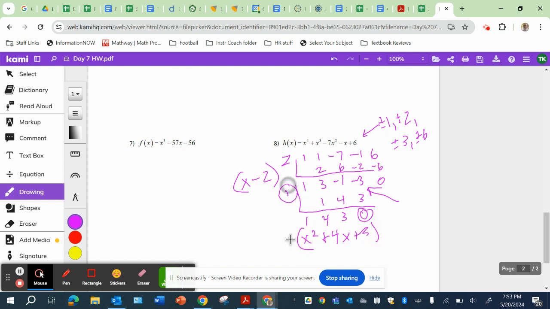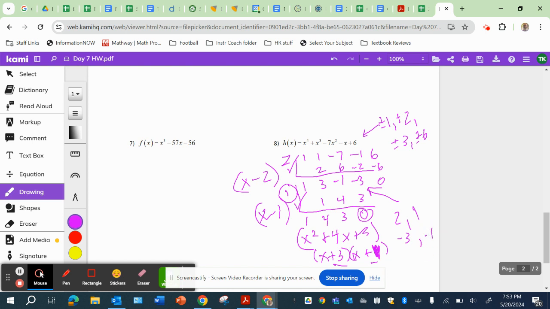So I know I have this. So x minus 1. And then I can factor this into two numbers that multiply to give me 3 that add up to 4. 3 and 1. So your zeros would be 2, 1. That's these two. Negative 3, negative 1.